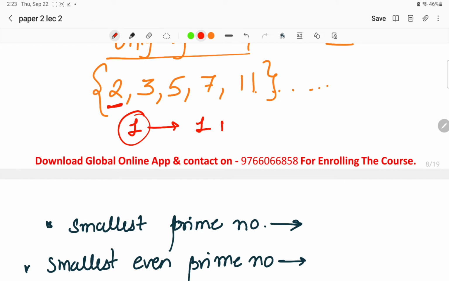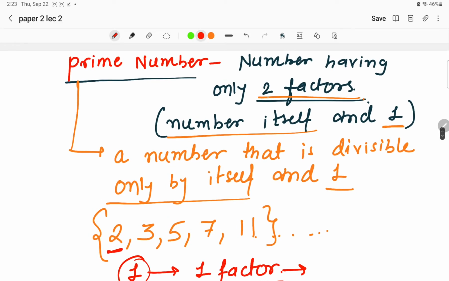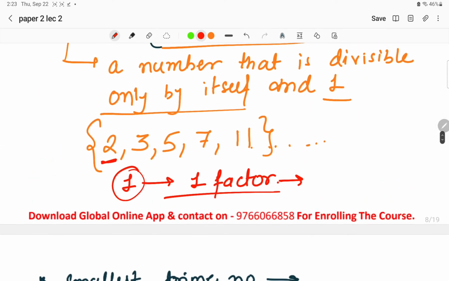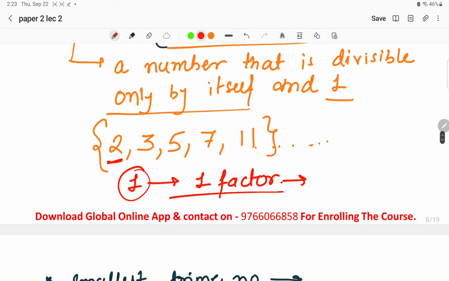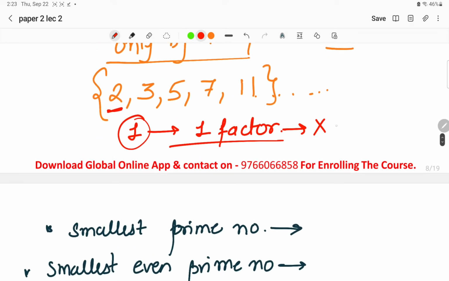So 1 is not a prime number, because for a prime number the criterion is that we need two factors.